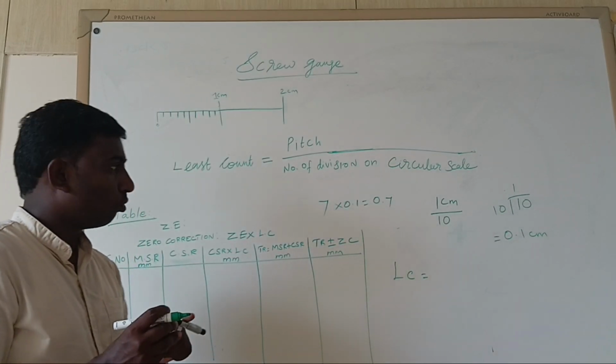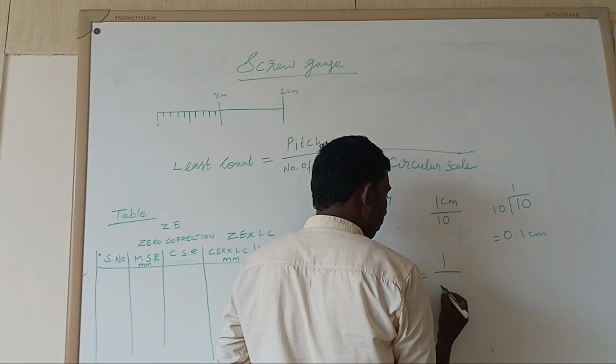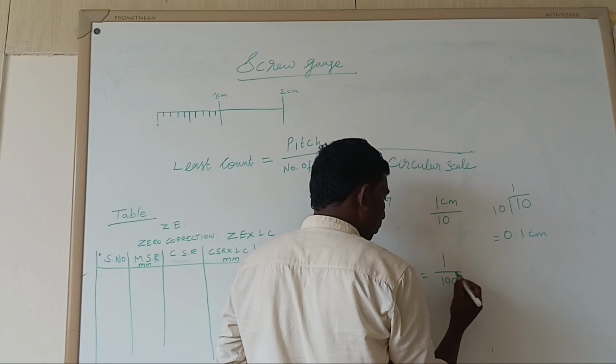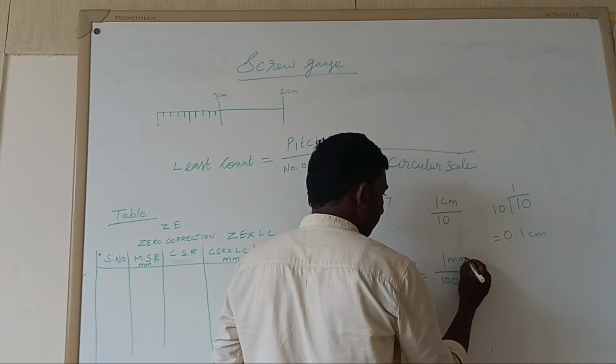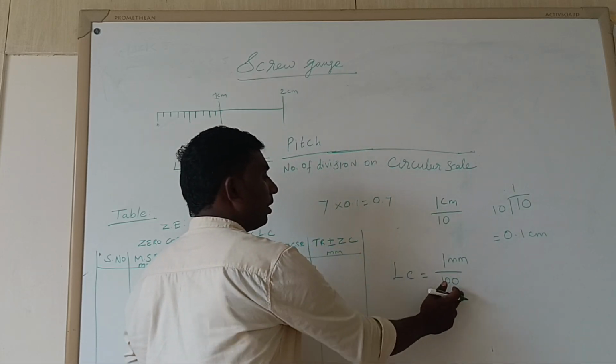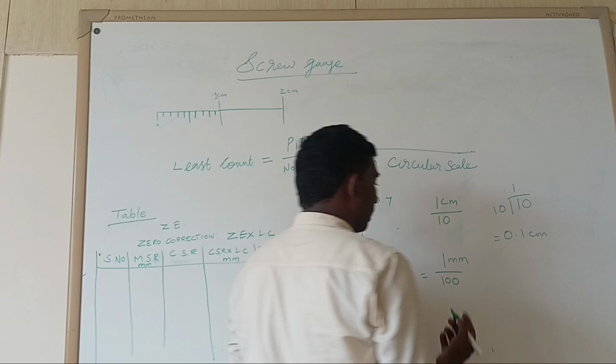There is 1 millimeter, and I write here 1 millimeter. 1 millimeter is divided into 100 lines. So that is one line.